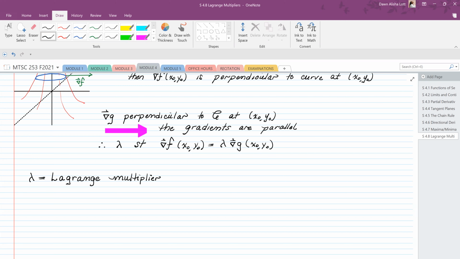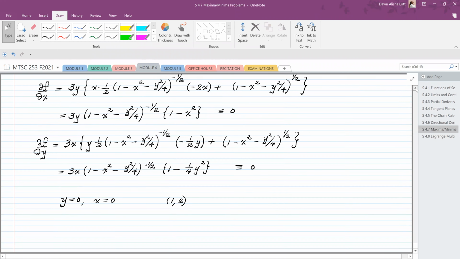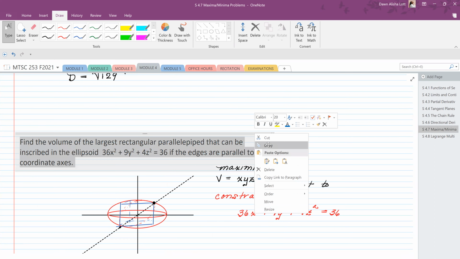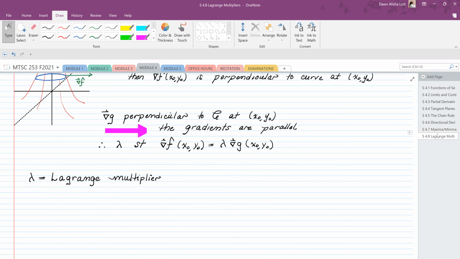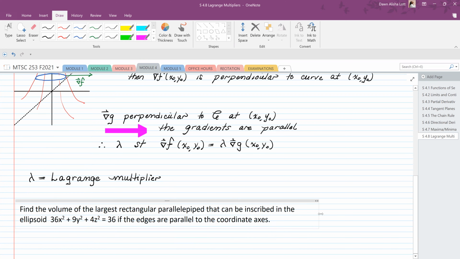So I'm going to go back and solve that problem using a Lagrange multiplier. The problem was: find the volume of the largest rectangular parallelepiped.